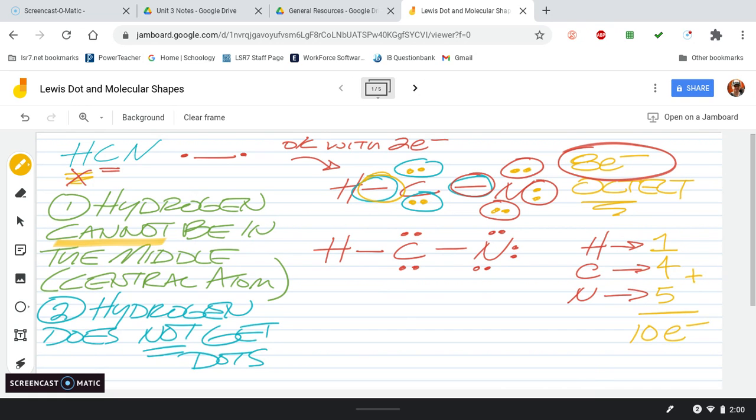Well, everything counts as 2. So let's count them. Everything counts as 2. 2, 4, 6, 8, 10, 12, 14. Holy smokes. We've got 14. That is too many. So we have too many. We're only allowed 10, and we have 14. So we're going to have to figure that out.